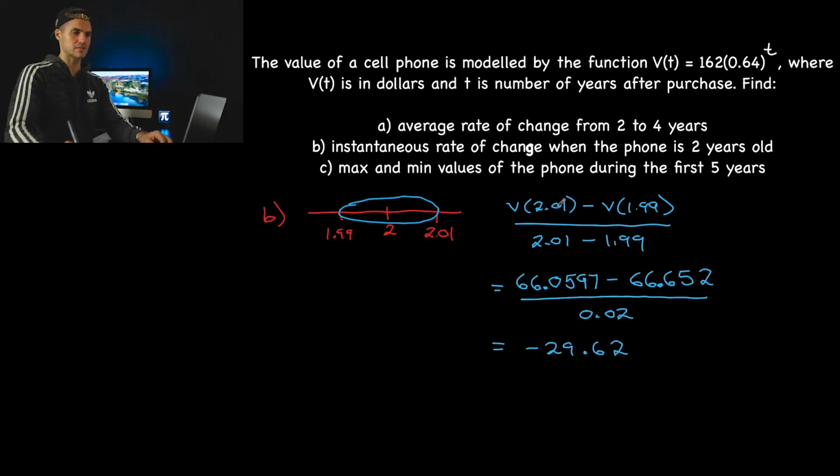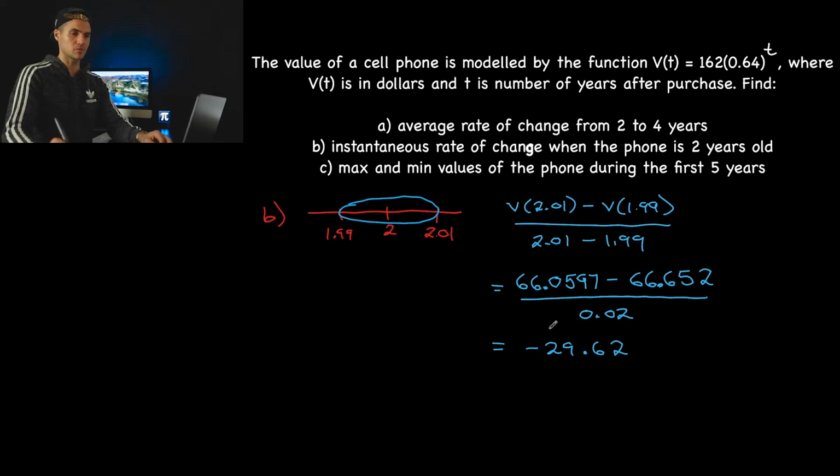When you plug 2.01 and 1.99 into the function for t, you get these corresponding values. Don't round too much here. Usually I round to 3 to 5 decimal places, because when you're dividing by 0.02, you're moving the decimal place a lot, so the decimal places definitely matter.